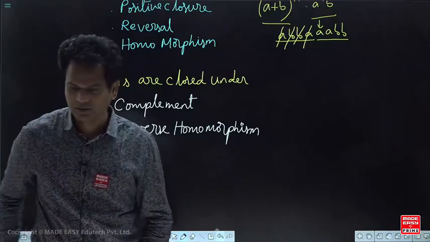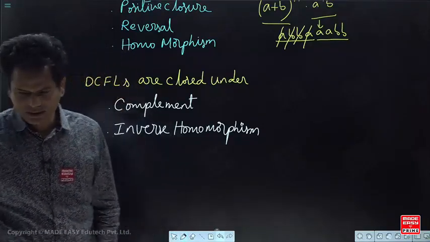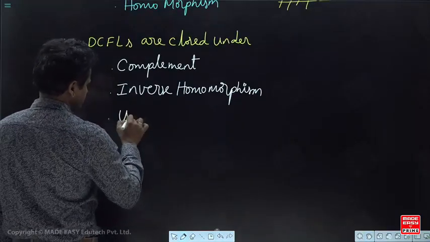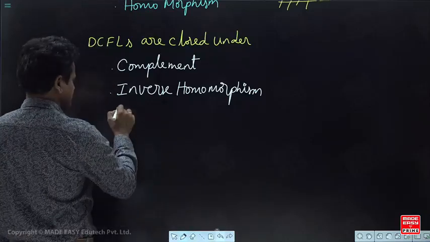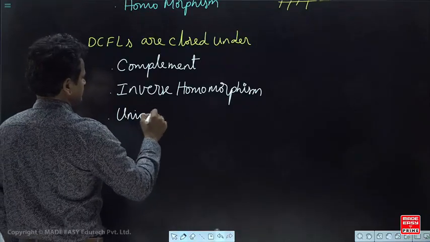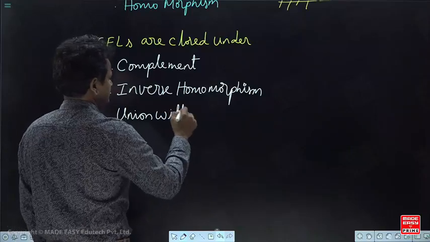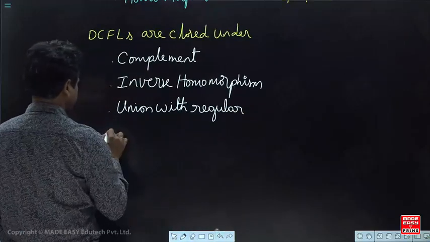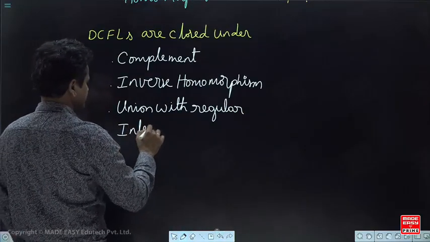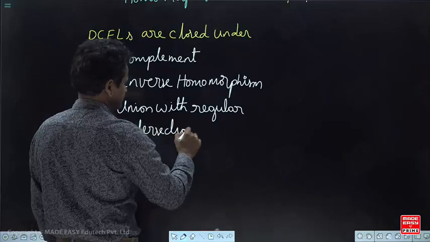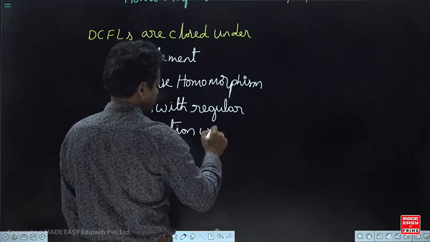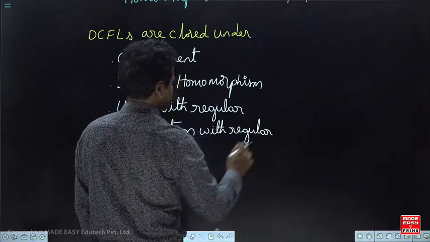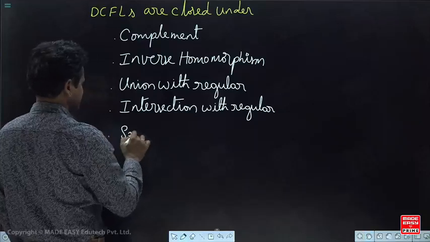DCFLs are closed under complement and inverse homomorphism, and also these languages are closed under the next properties: union with regular, intersection with regular, set difference with regular.